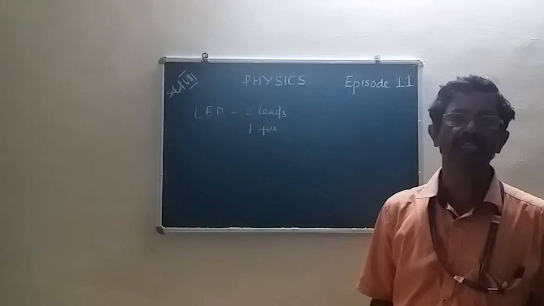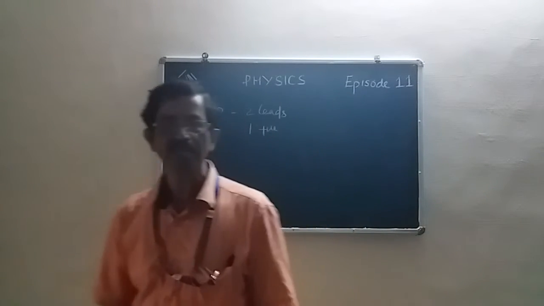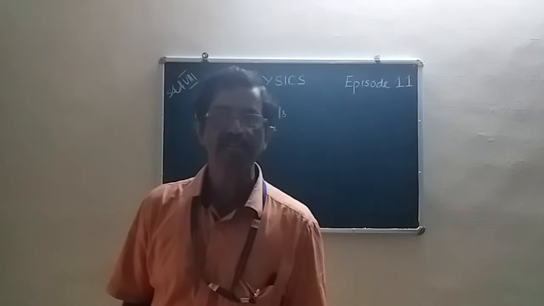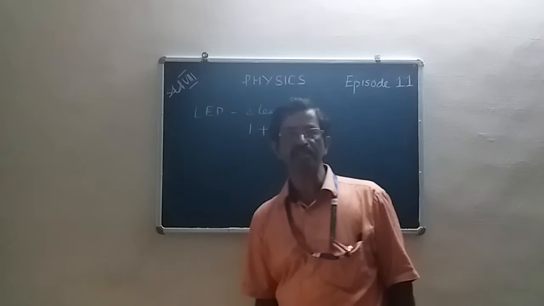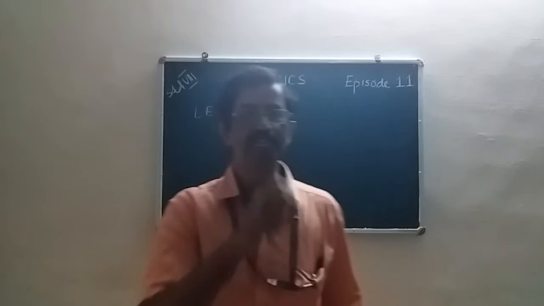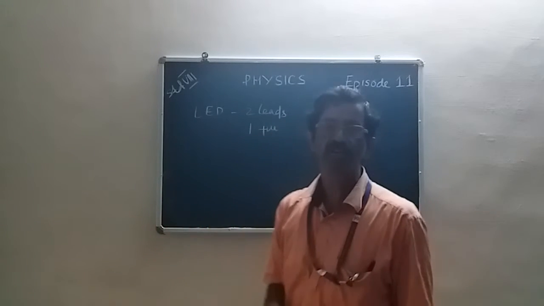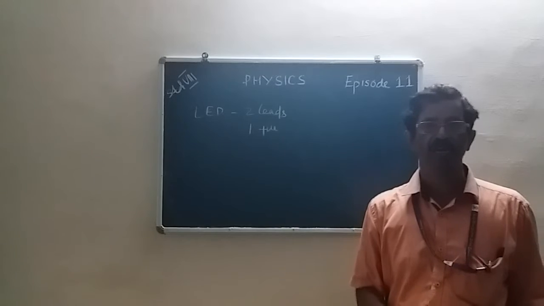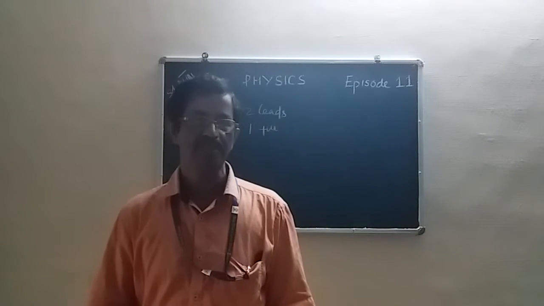Then another question. We made a tester with the magnetic effect of electric current. We know whenever electric current passes through a conductor, a magnetic field is produced around it. Based on this principle, we made this tester.